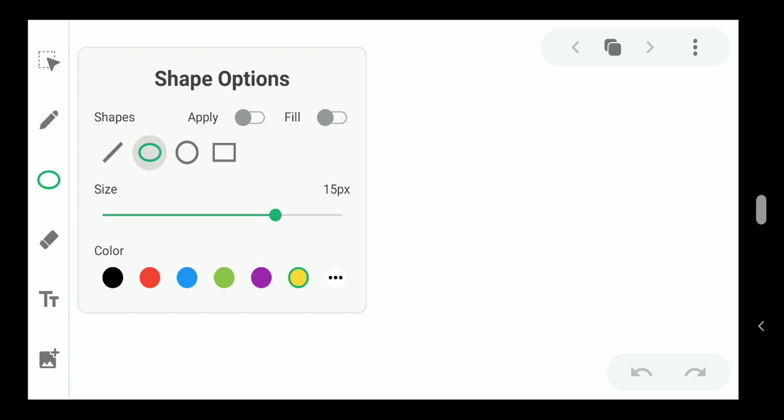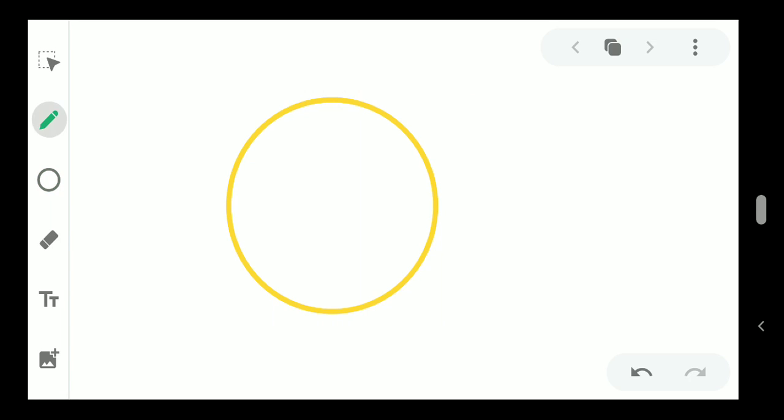So starting with the things left, I will first talk about the circle. In class 4 you have learned a little bit about it. Again, I am just telling you for revision: a circle is a shape which doesn't have any arms, so there is no straight line in the circle.